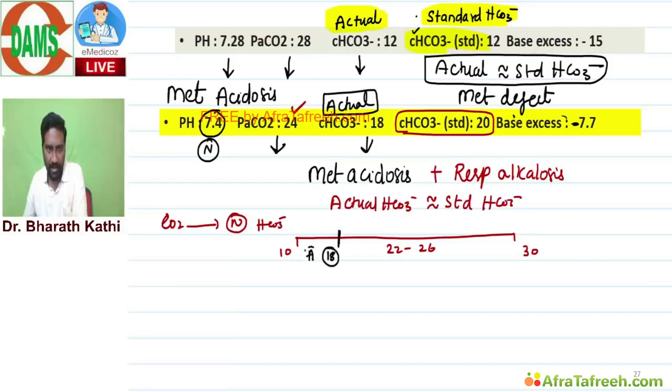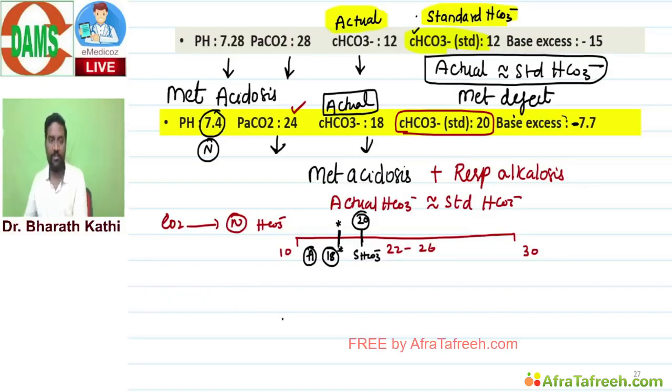I'll write it as A. Now once you have brought CO2 to near normal, it has come to 20. So this is the standard bicarbonate. It means all this time the bicarbonate which was at 18 was also due to the influence of CO2.